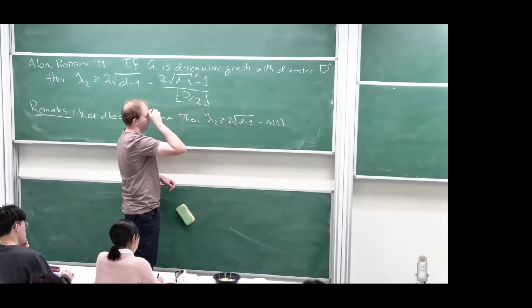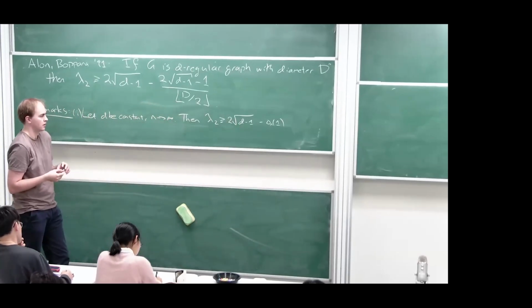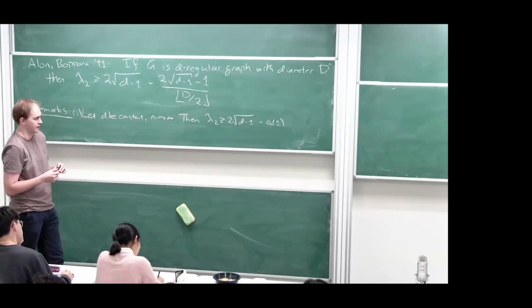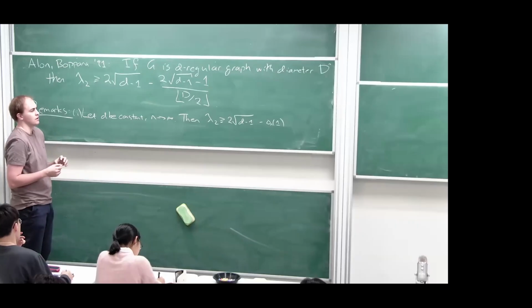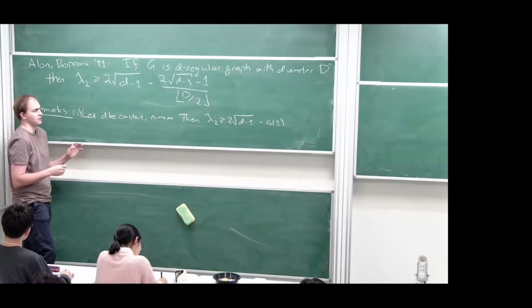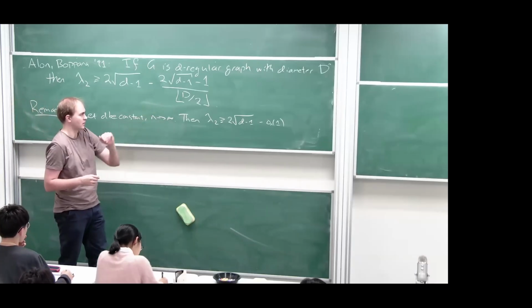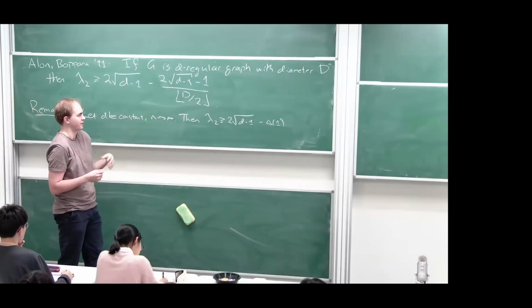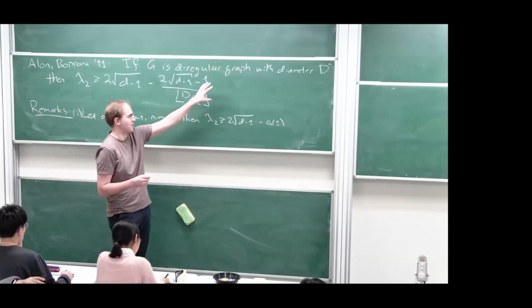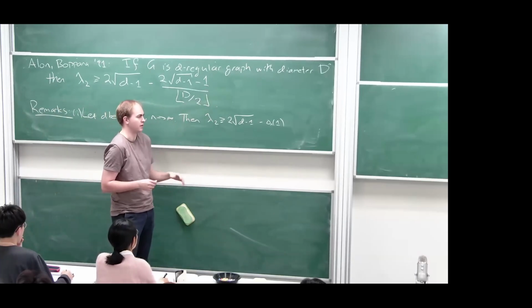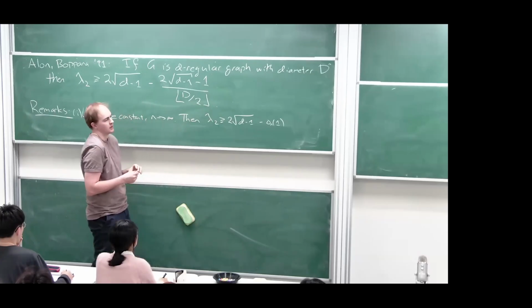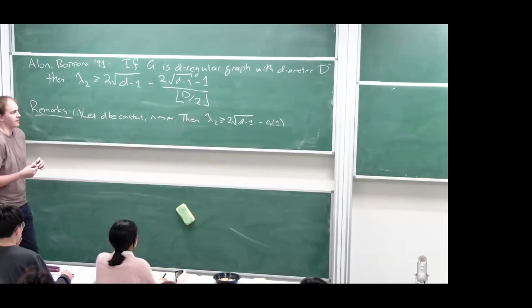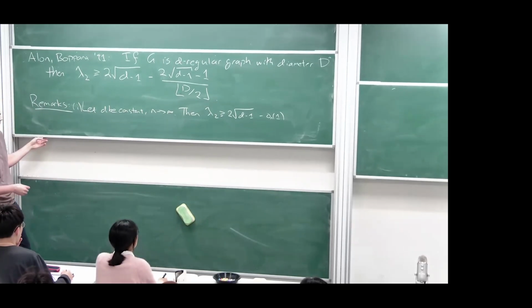So this error term really tends to 0 as n tends to infinity. However, it gets much more tricky if d has any sort of growth dependence on n. So that's why I prefer this first formulation over this one, because that addresses the case when d has some dependence on n a bit more precisely.